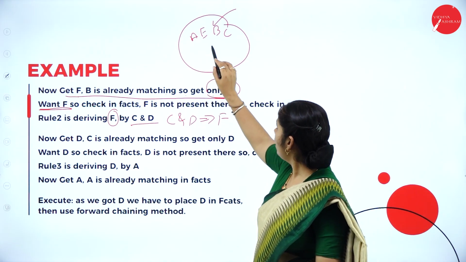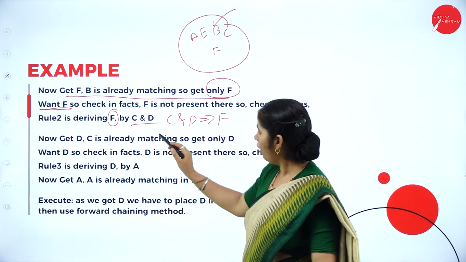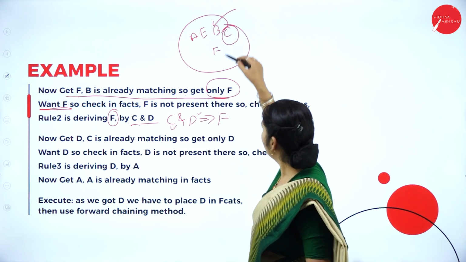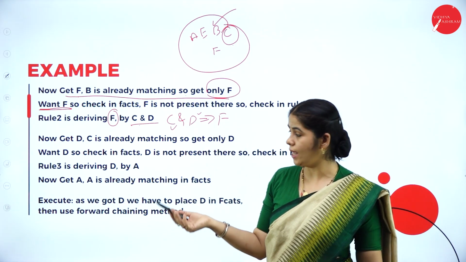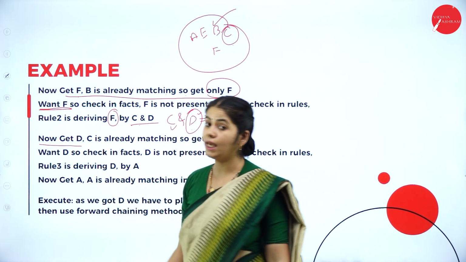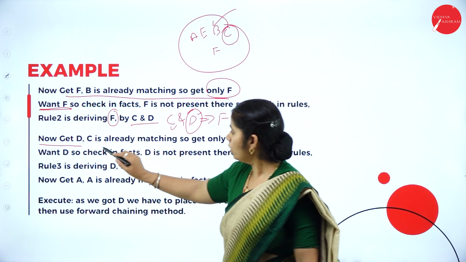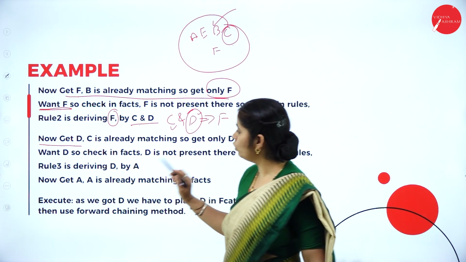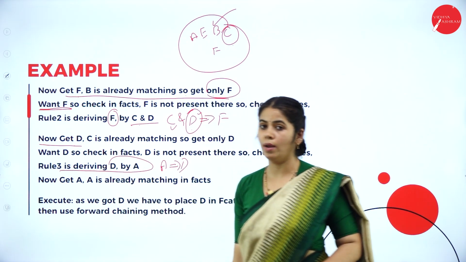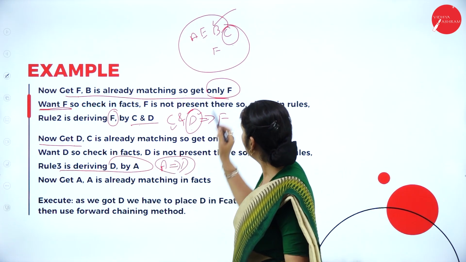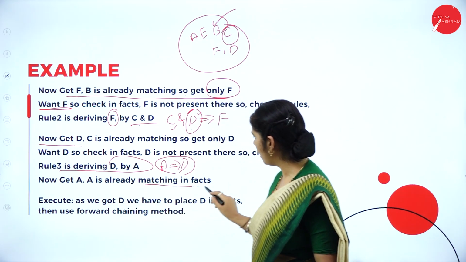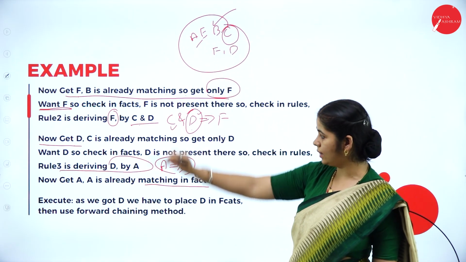After this rule, we have C and D. We already have C, so we need not get C because it is already there in the facts. Now I have to get D. To get D, we use rule number 3, that is A implies D. Now A is already there, matching, so we need not get anything more.